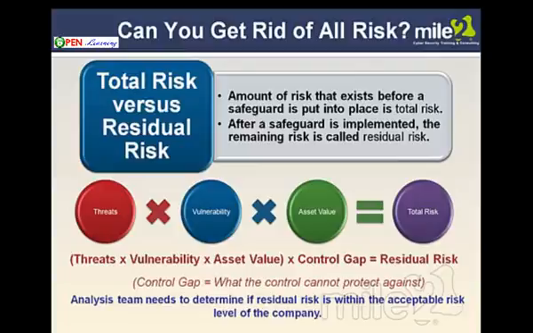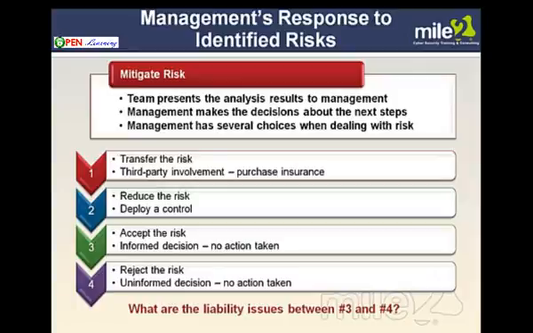There are some things we just can't protect against, and they call that control gap. When we look at our possibilities for mitigation, number one, we could have insurance and transfer the risk to an insurance company. Number two, we could reduce or mitigate the risk by putting together a control like a firewall, an intrusion prevention system, or an antivirus.